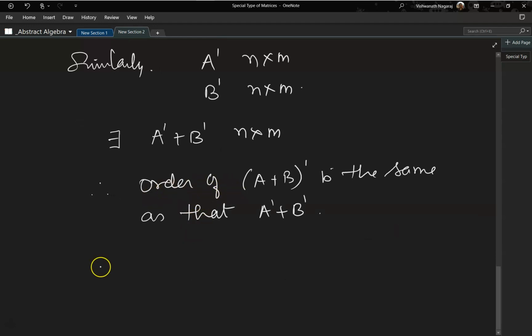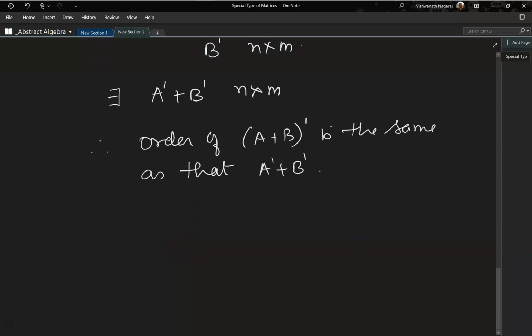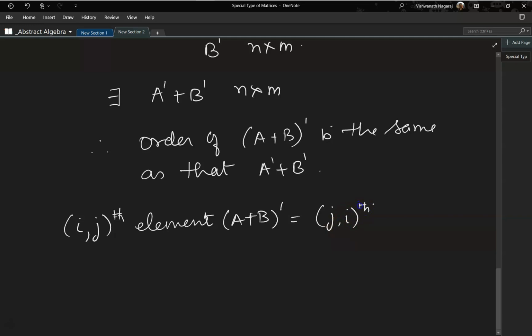Right? So now we have shown that the order of this is the same. Now what do we have to show? We have to show that each element is also equal in each of these. So to do that, the i comma j element of (A plus B) prime is equal to the j comma ith element of A plus B. Why?